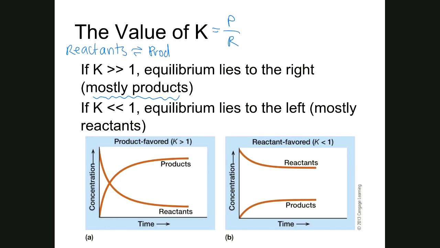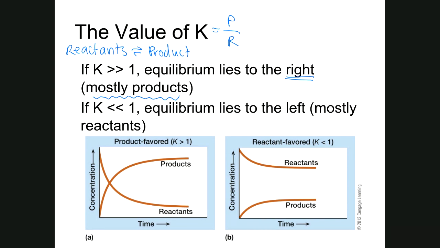So if we have more products, the terminology is that the equilibrium lies to the right, because the products are on the right side of a chemical reaction. So again, if you're thinking of a seesaw or a scale, we have more product concentration-wise, so we're going to see the right side tipping down.